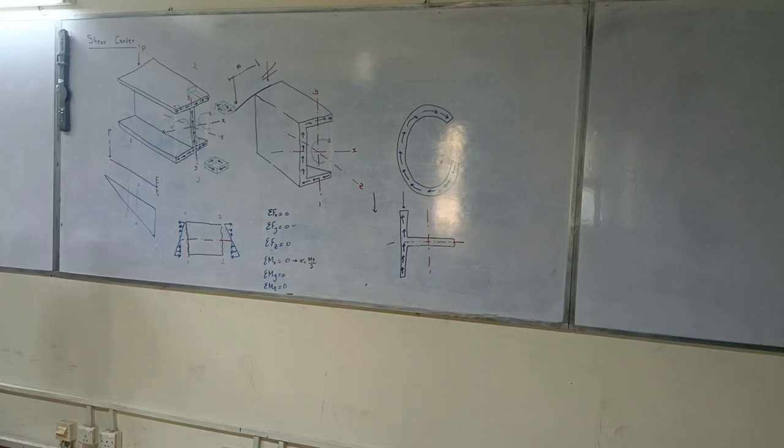Should it be placed like this, or like that, or like this? The concept of shear flow tells us that if I place it like this, there will be a minimum shear taken by this, and this can fail. If it is placed like this, it can take some shear, but still the best way to place this component is like this, because your shear is going like this and you will have significant material available for your shear flow. You understand my point?